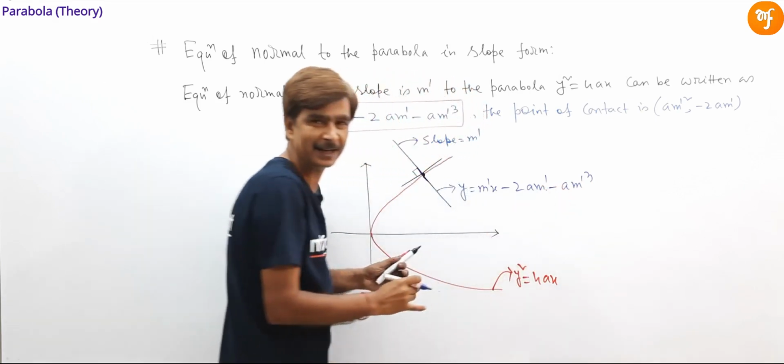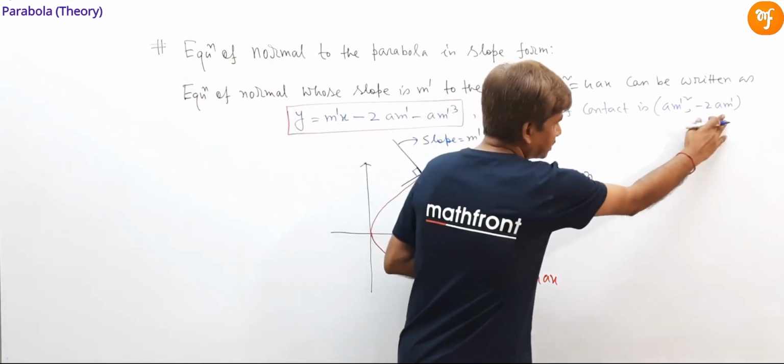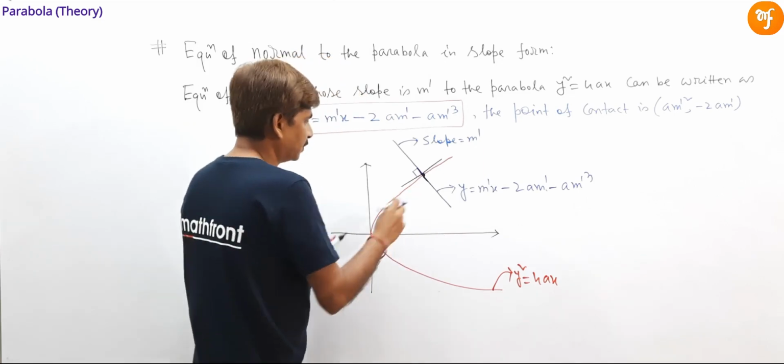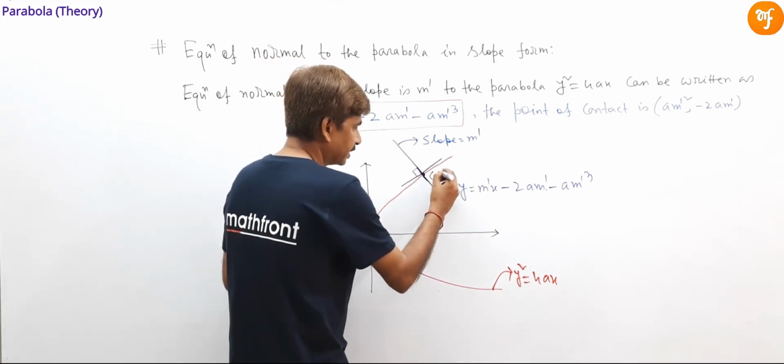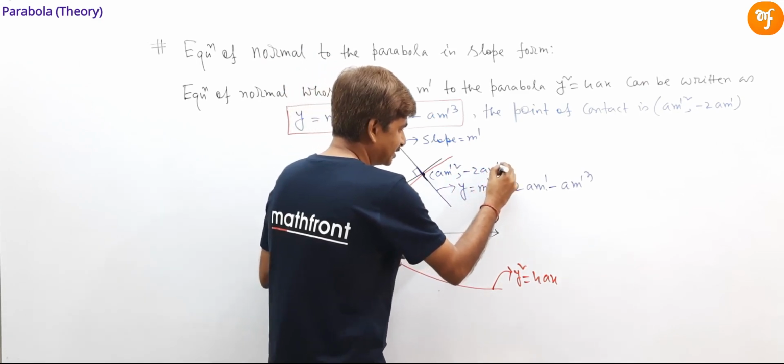Okay, clear? And what will be the point of contact? The point of contact is a m dash square comma minus 2a m dash.